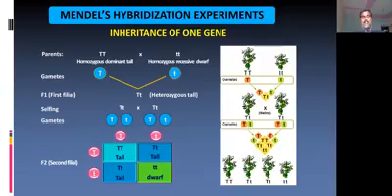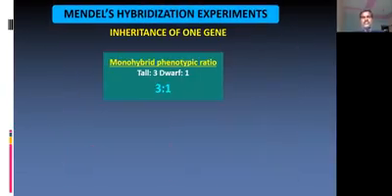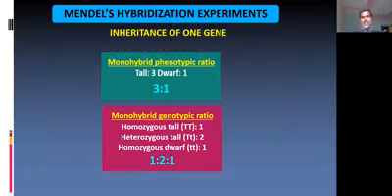Therefore, the phenotypic ratio he got is tall 3, dwarf 1, that is 3:1. The monohybrid genotypic ratio he got is homozygous tall 1, heterozygous tall 2, homozygous dwarf 1. So 1:2:1 is the result that he got.